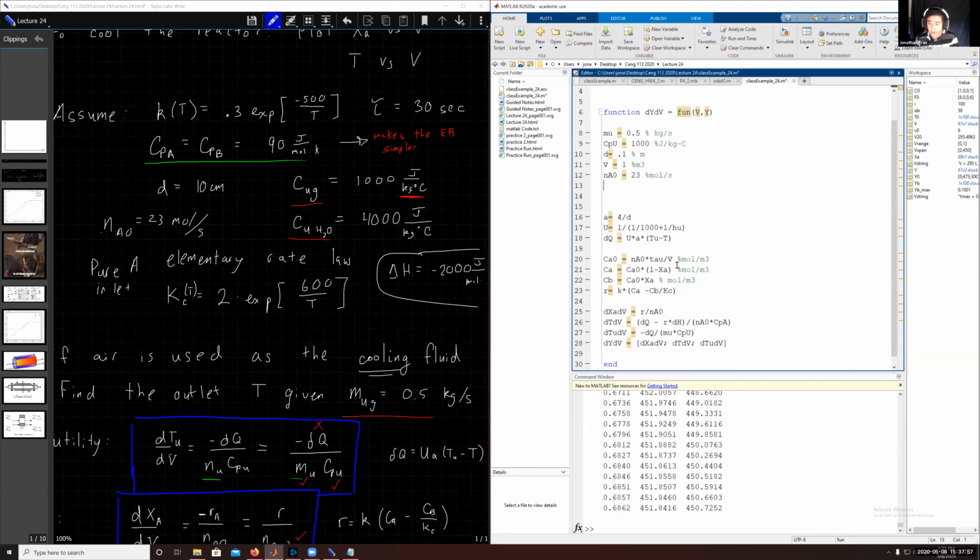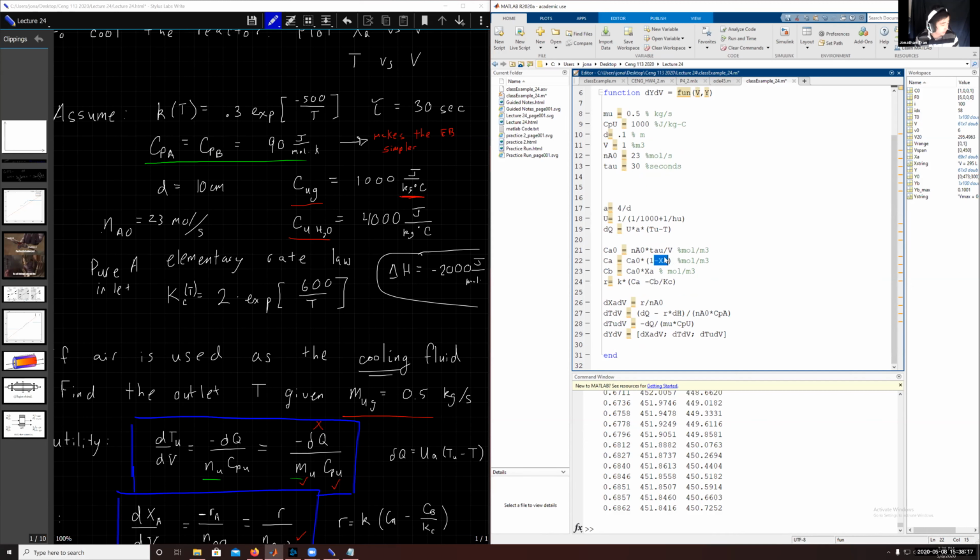Tau is given as 30 seconds. So I specified tau, specified V, specified NA naught, and then CA naught is specified as well as XA.